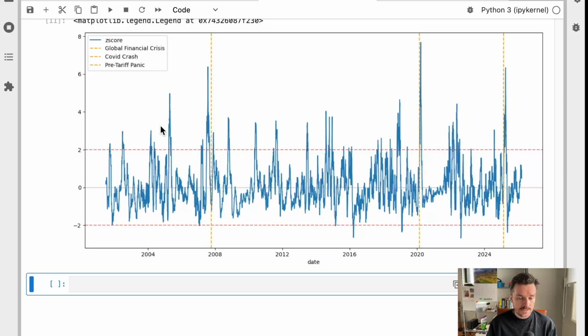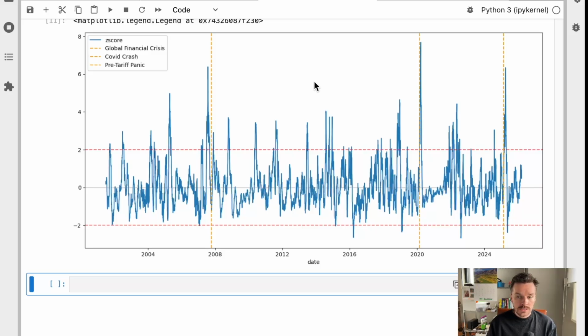Obviously, that's just the way it is. But when it's a big drop, that's when you want to be aware of it. And so, as you can see here, in 2008, it spiked a lot right before the big crash. In 2020, it spiked a lot, and afterwards too as well. So you can see that's maybe a few days later. And same thing with tariffs, a few weeks later.